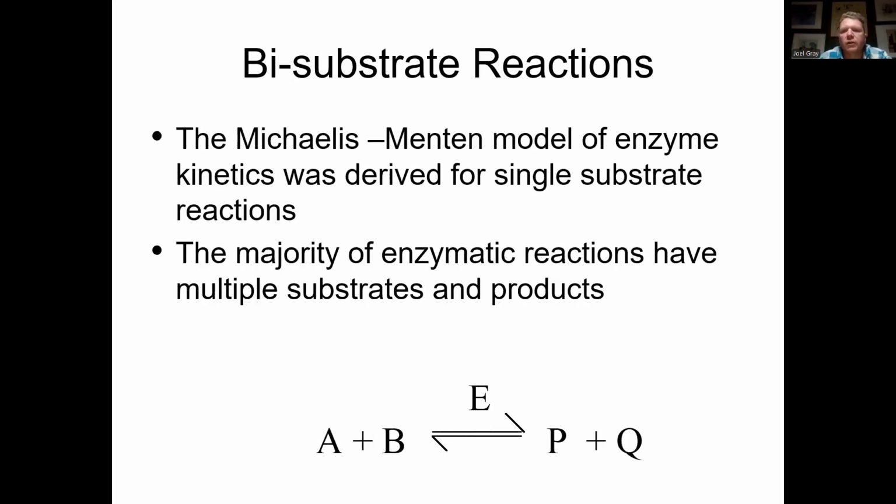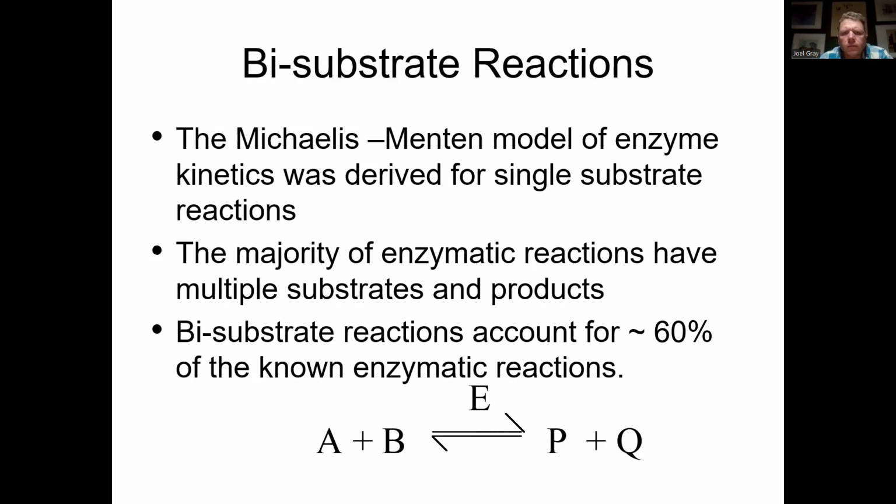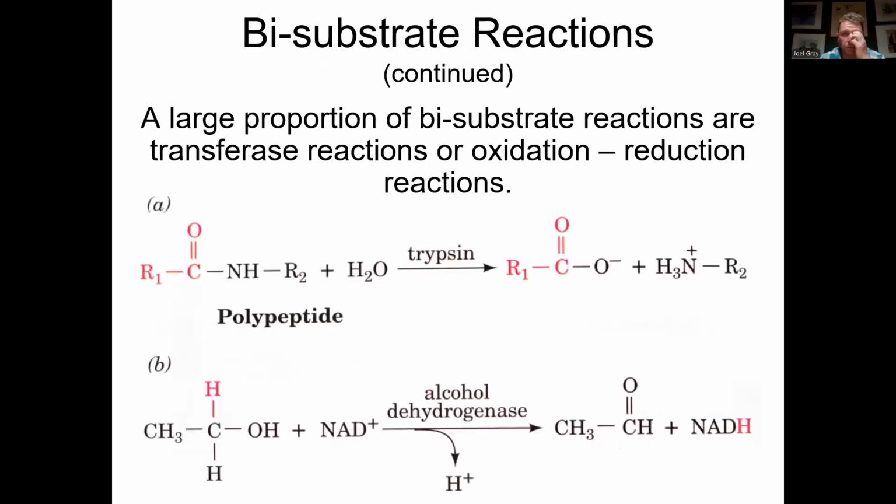The majority of enzyme reactions have multiple substrates. So it's good that we can take this Michaelis-Menten model and apply it to more complex systems. Bisubstrate reactions account for 60% of known enzyme reactions. So really, it's kind of funny, the Michaelis-Menten model for studying enzyme reactions was a little bit of the less common reaction.